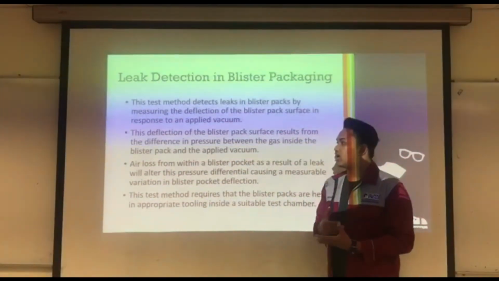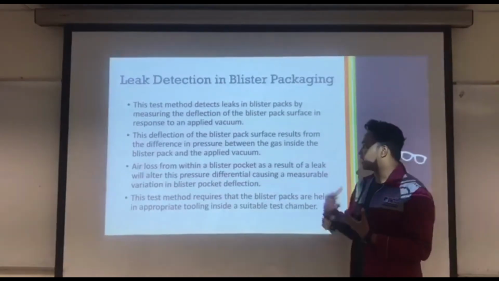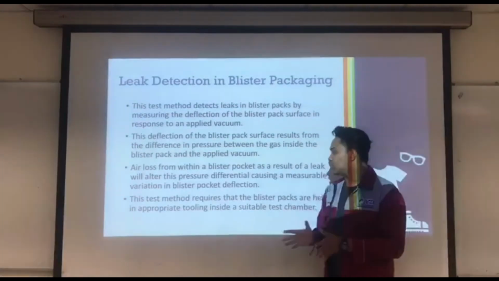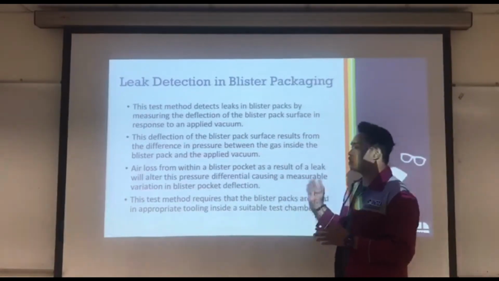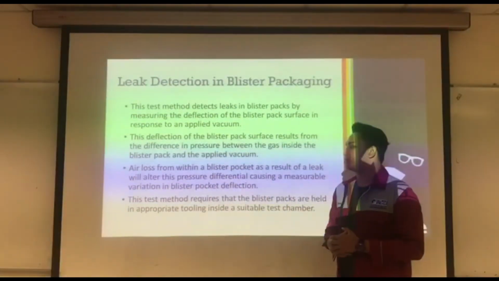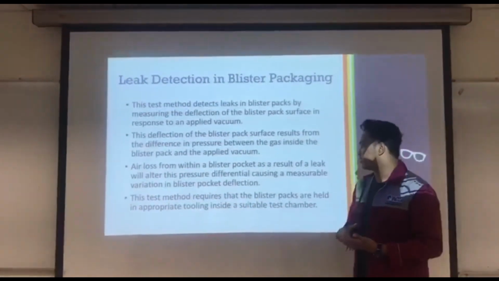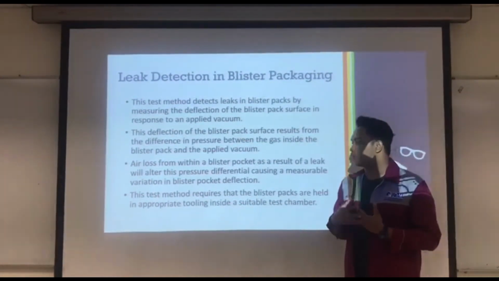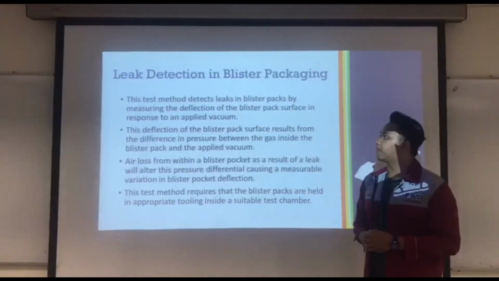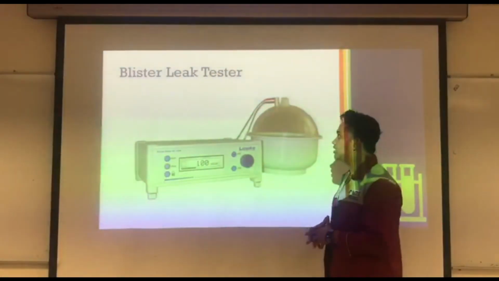Thirdly, air loss from within a blister pocket as a result of a leak will alter this pressure differently, causing a measurable variation in blister pocket deflection. And lastly, this test method requires that the blister packs be held in appropriate shape to leak inside a suitable test chamber.